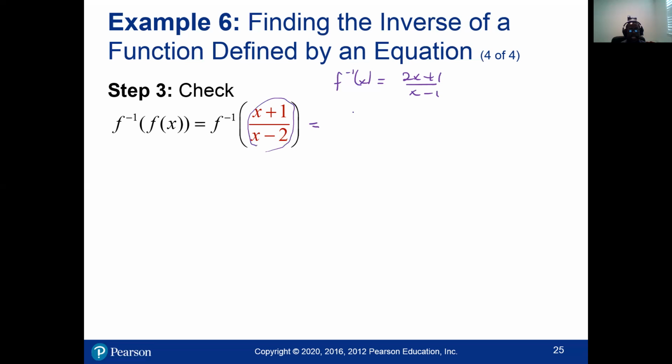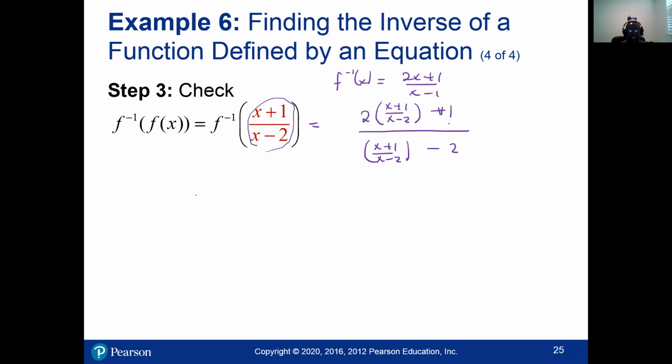Okay, so the numerator will give me 2 times x, plus 1 over x minus 2. And that x is replaced with the whole expression of f, which is x plus 1 over x minus 2. And this is x plus 1 over x minus 2. Okay, so then we need to simplify the numerator and the denominator.